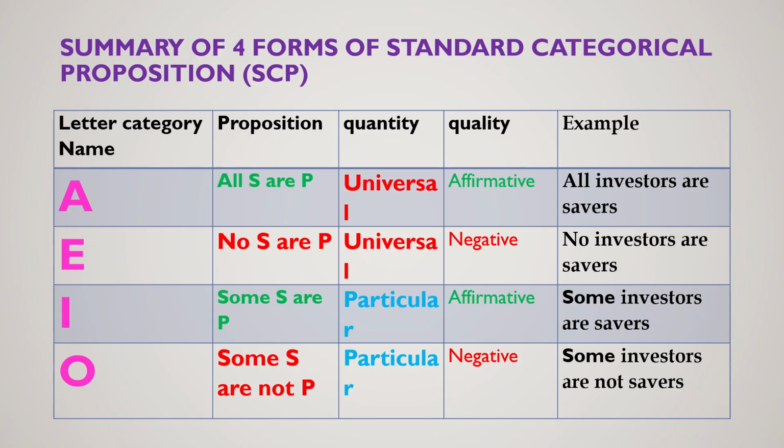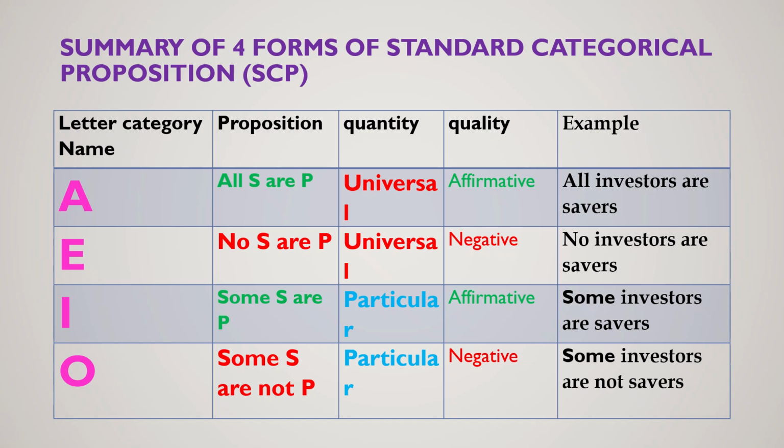Since we are going to refer to the four forms of standard categorical proposition, let us look at the summary table so that we can fully be able to categorize propositions, as we will be using this table in various ways.